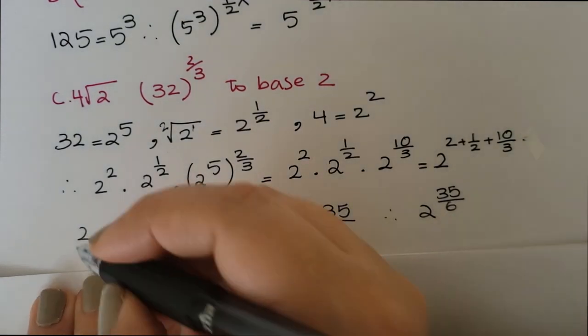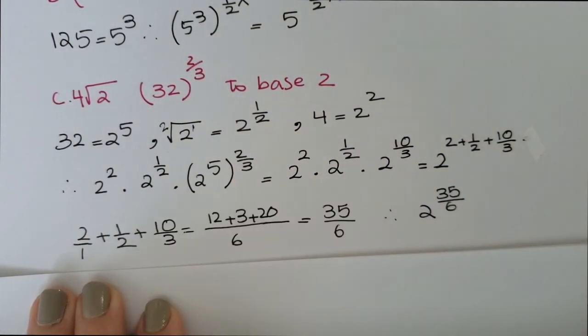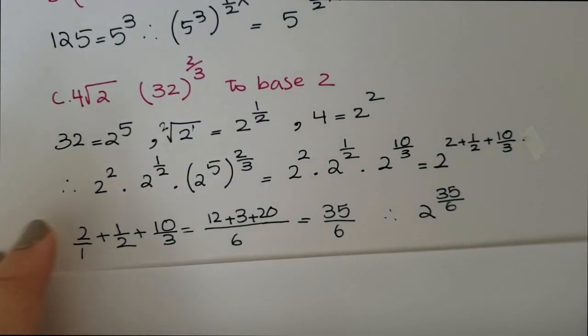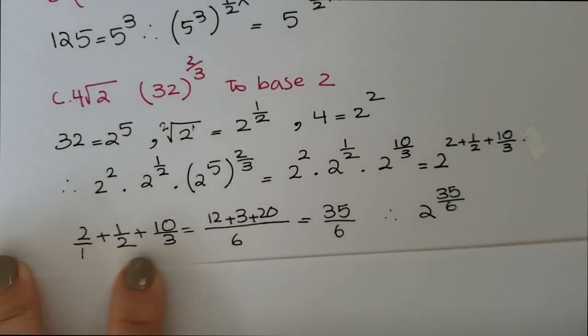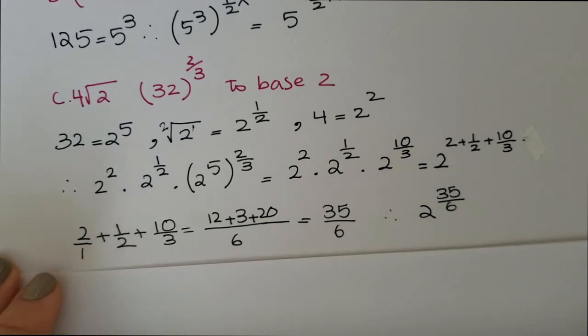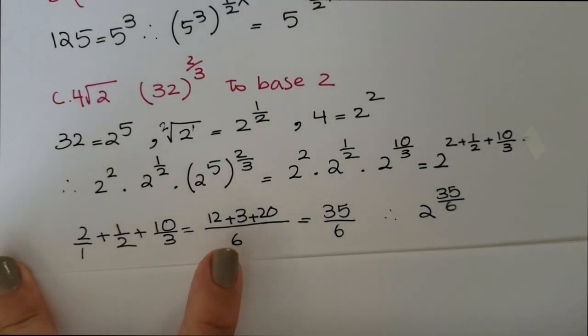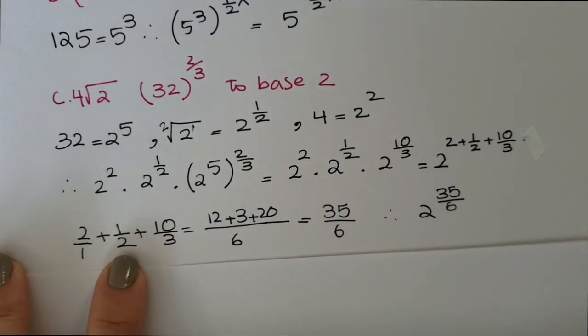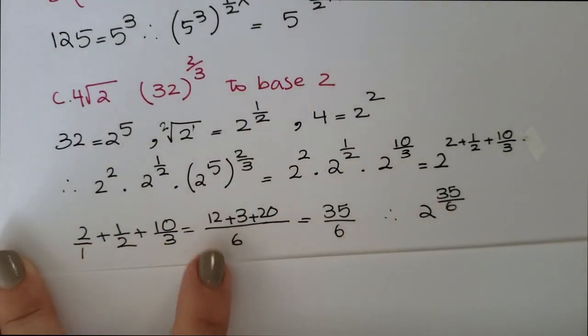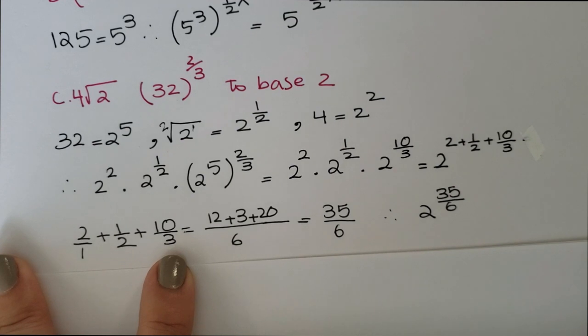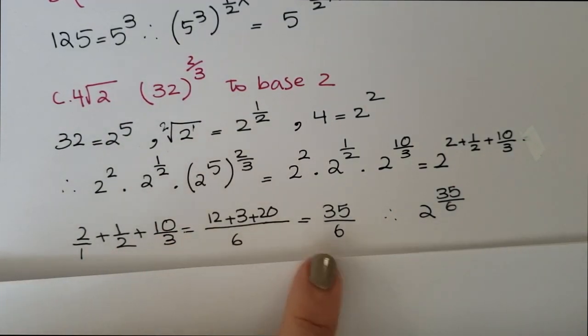As you know, the denominator is 1 for the number 2. So 6 divided by 1 is 6, times 2 would be 12. Now 6 divided by 2 is 3, 3 times 1 is 3. 6 divided by 3 is 2, and 2 times 10 is 20.